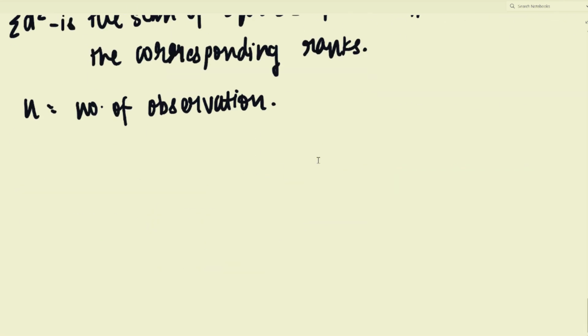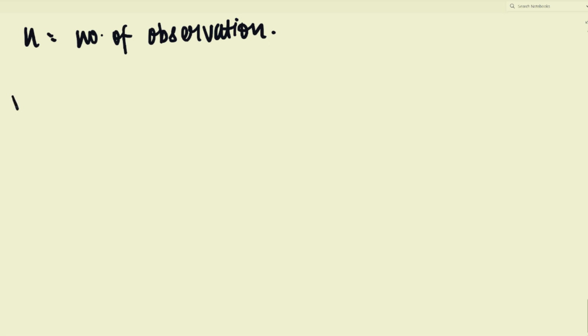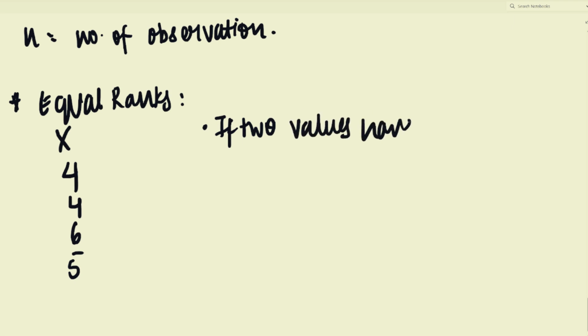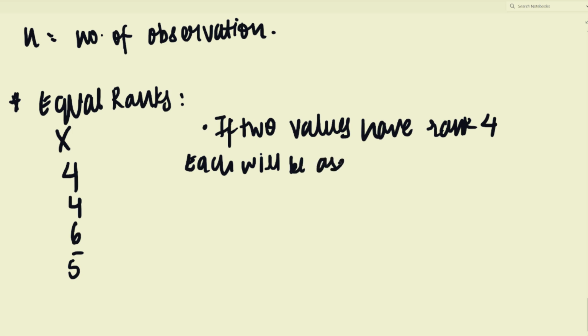Also there is one more topic that we need to look into, which is equal ranks. What if two values have the same rank, how do we distinguish them? If two values have rank 4, each will be assigned 4 plus 5 upon 2.